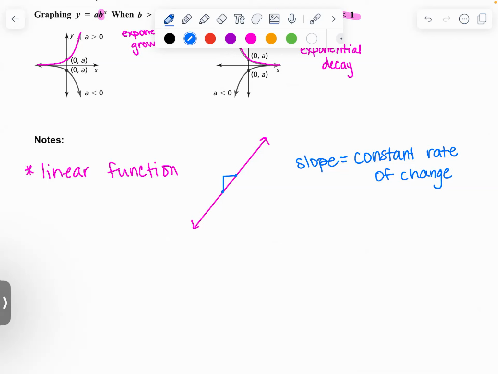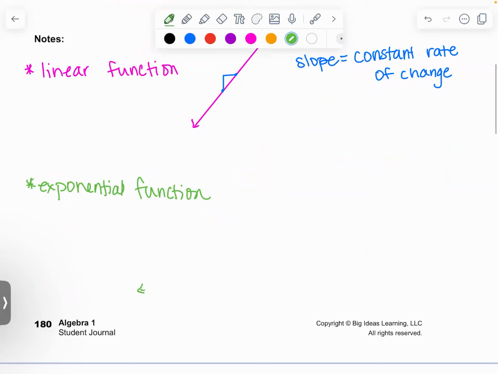However, when we have an exponential function, whether it's growth or decay, what is happening is y is being multiplied by a constant factor.